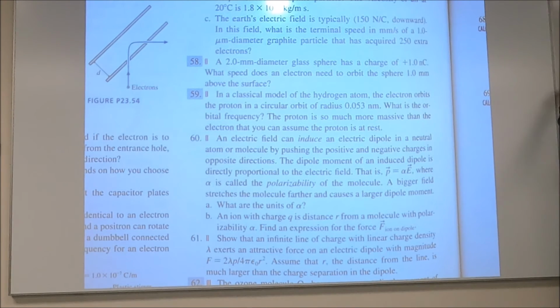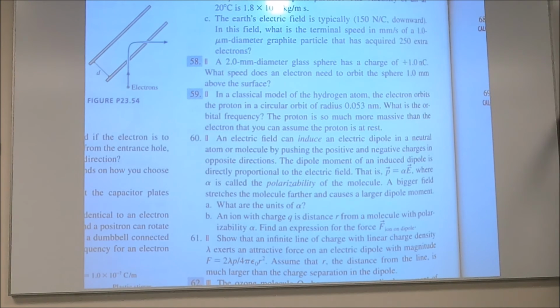Q, our source charge, is 1.0 × 10^-9 coulombs, and it's positive. What speed does an electron need to orbit the sphere 1 millimeter above the surface?